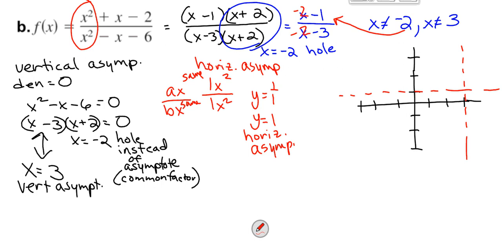And right now, I don't have to really know where that hole is. I'll just put it here, knowing it's somewhere along here, and I don't have to know that right at this moment.